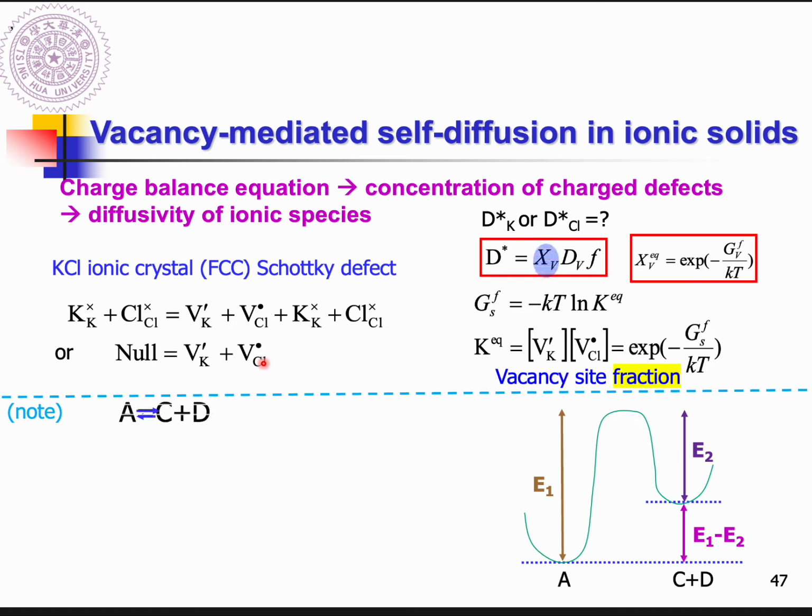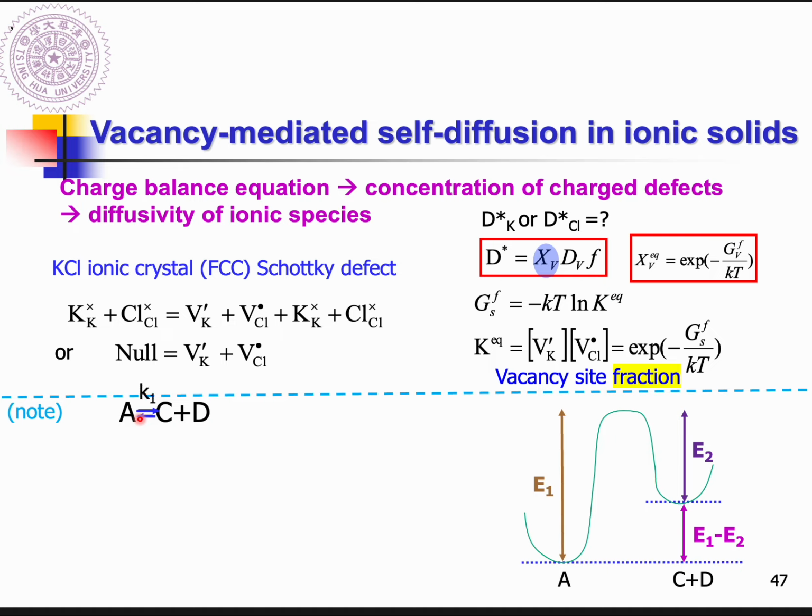Some people were probably curious about why this equation leads to this, so I try to give you some detailed derivation. None means we don't have Schottky defects, right? Then we observe the Schottky defect form inside our ionic materials. So I can write A becomes B and C, and this is a reversible process.